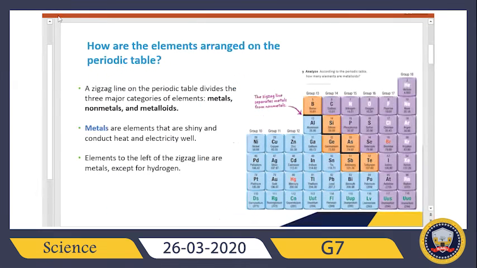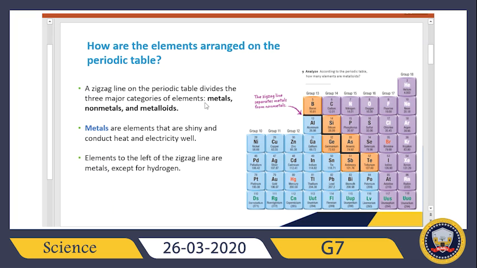What's more, one of the most important things about the periodic table is that it shows us the properties of the elements. We can define the elements with some basic properties. We have 3 major categories for elements here: metals, non-metals, and metalloids. Metals are the elements that are shiny.